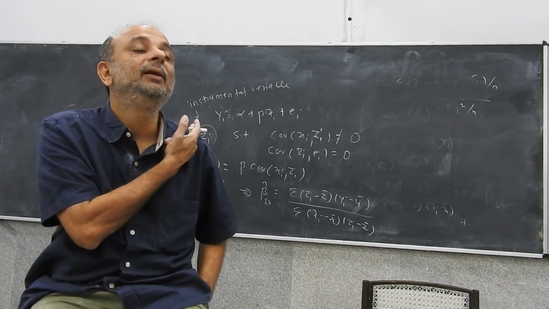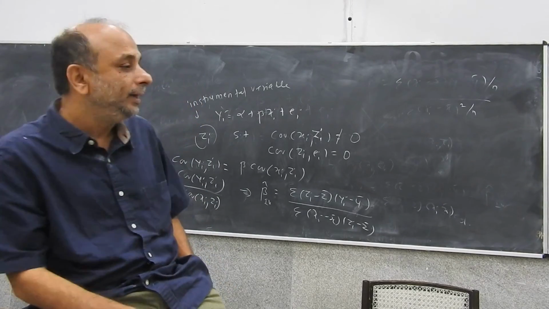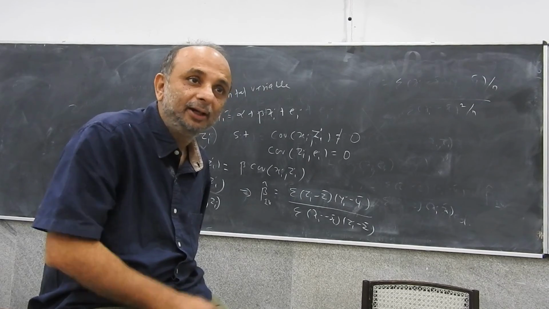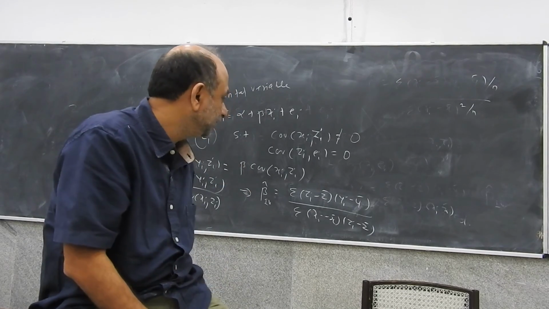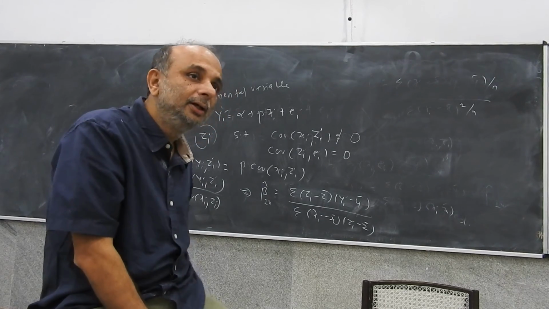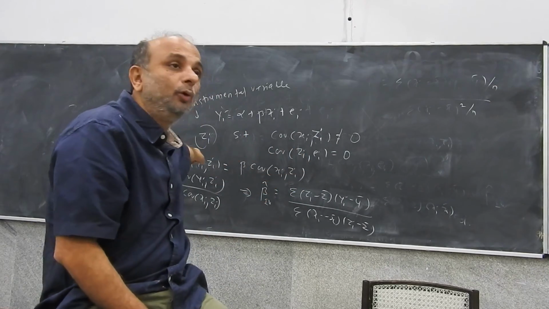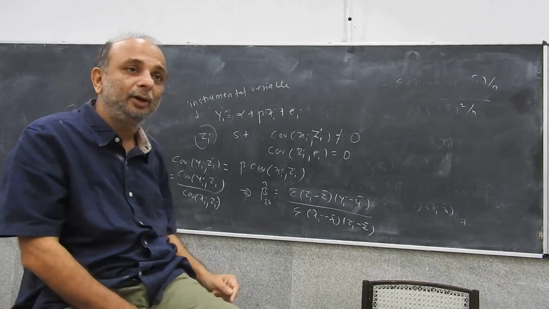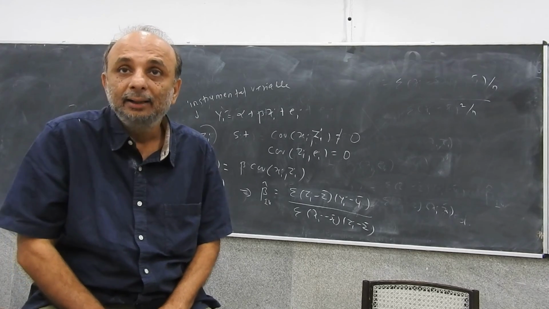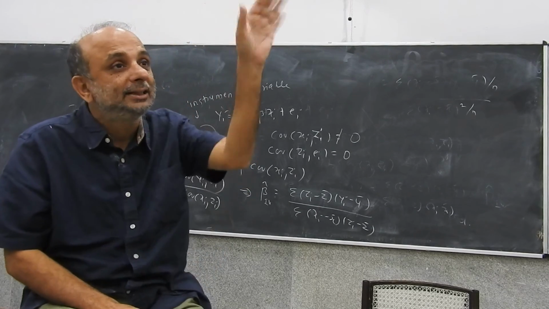And then we develop an alternative estimator, which is essentially covariance ZY upon covariance ZX. This will be a consistent estimator, because as sample size becomes large, the numerator will go to covariance yi zi, the denominator will go to covariance xi zi because of the law of large numbers, and beta hat IV will tend to beta even if X and E are correlated.